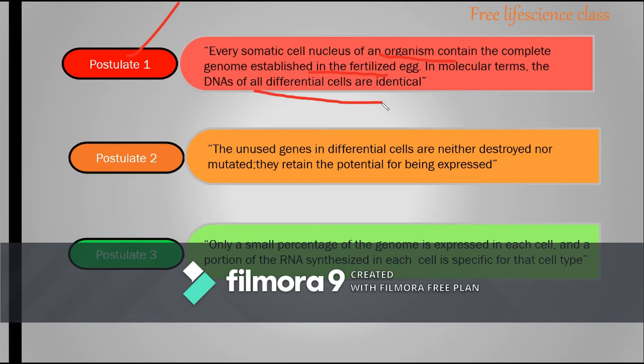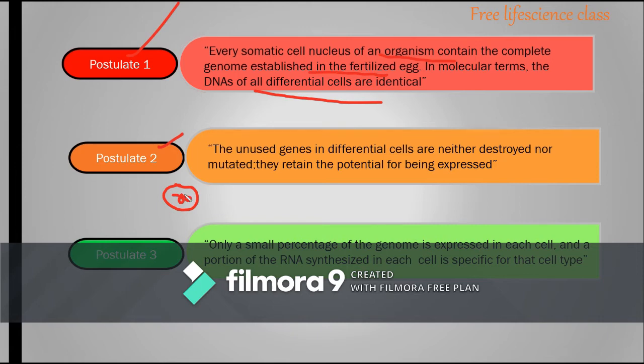And about postulate number 2. Postulate number 2 says that the unused genes in differentiated cells are neither destroyed nor mutated. They retain the potential for being expressed. This is a cell. It contains DNA and only a portion of the DNA is expressed. That is differential gene expression.